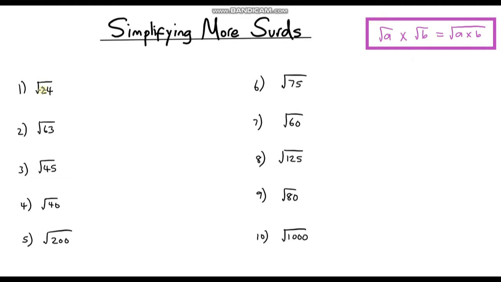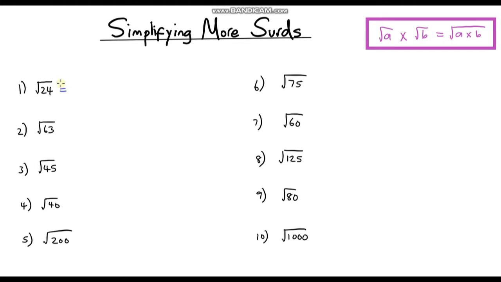So the first one is the square root of 24. So we want to simplify this. Now if we think about up here, what two numbers multiply together to get 24? And remember, one of them has to be a square number. So we could use 2 times 12, but none of those are square numbers. Or we could use 4 times 6. The other option would be 8 times 3, but none of those are square numbers either.